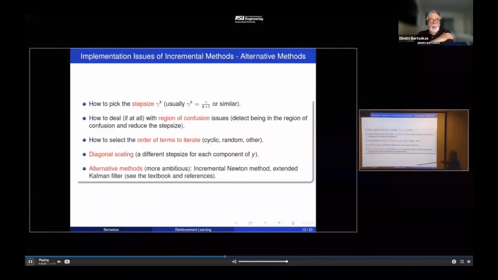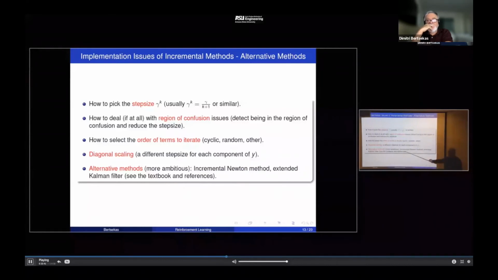There are also alternative incremental methods, which are more ambitious and often work much better, but they have not been popular for one reason or another. In general practice, they have not been so popular. Incremental Newton methods, and this is described in your textbook.